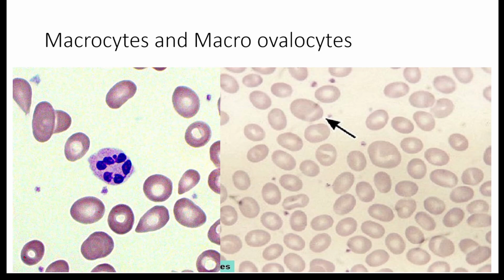Now, what is the definition of a hypersegmented neutrophil? Now, when you talk about a neutrophil and a segment, clarity should be there that this is one segment, this is one segment, and there is a thin rim of chromatin joining the two. This is segmentation. So if you have a look at this, 1, 2, 3, 4, 5, 6.